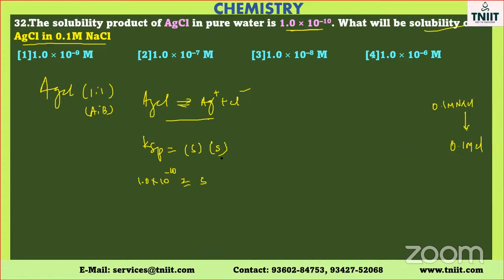Therefore, the concentration of chloride is 0.1. On simplification, 10 to the power minus 10 will be equal to S into 10 to the power minus 1. So S will be equal to 10 to the power minus 10 divided by 10 to the power minus 1. It will be 10 to the power minus 9. Hence, 1 into 10 to the power minus 9. Therefore, the answer for this question is option 1.